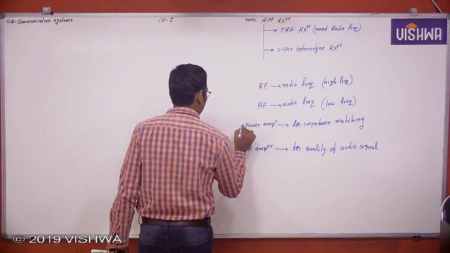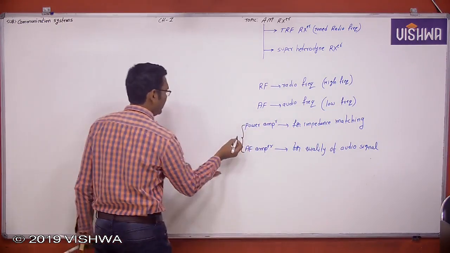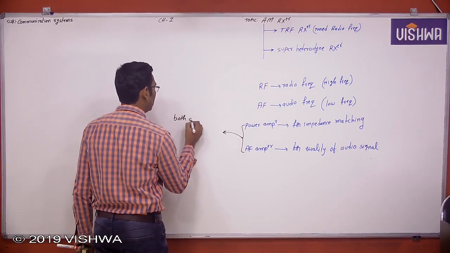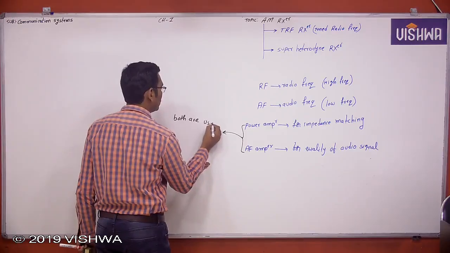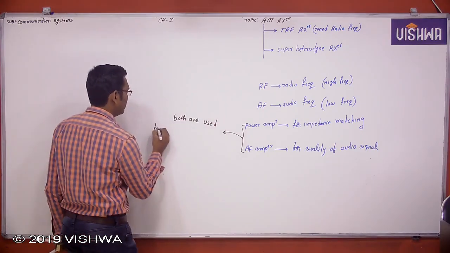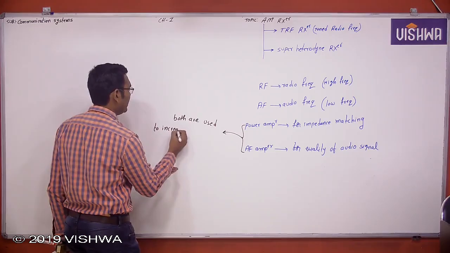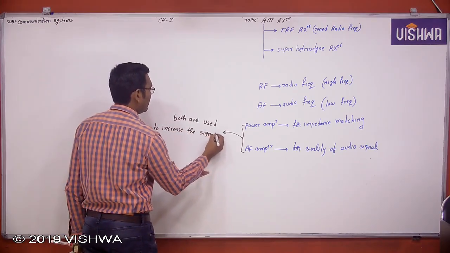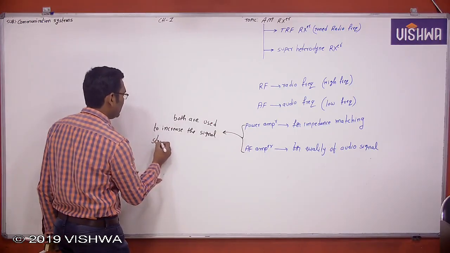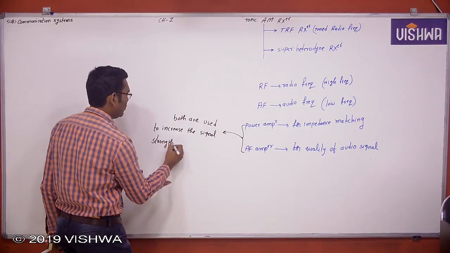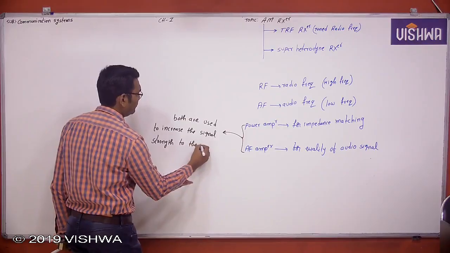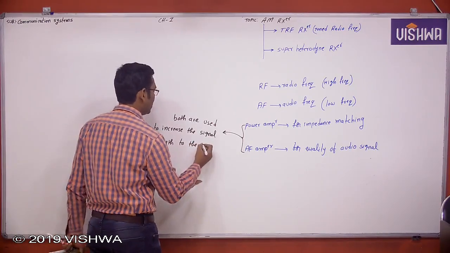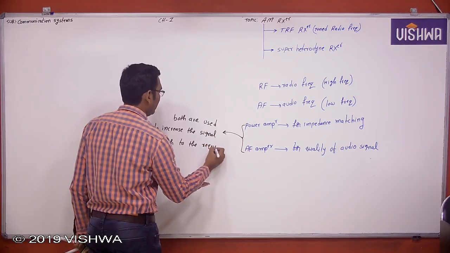Now this AF amplifier and power amplifier both are used to increase the signal strength to the required level.